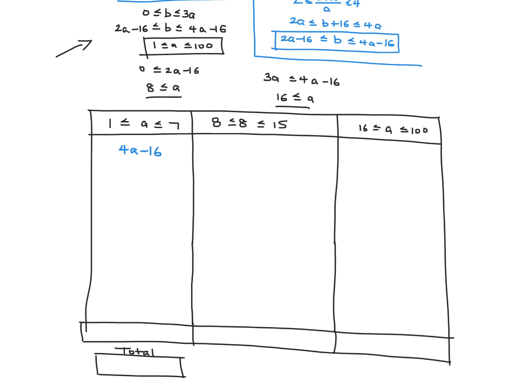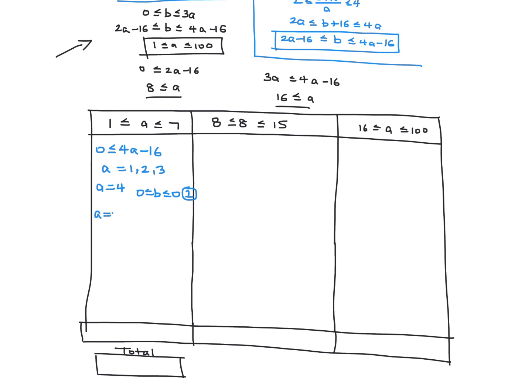And that's not going to be possible if A is 1, 2, or 3, because then it would be a negative number. What about if A is 4? Then you would get 0 less than B less than 0, so B is 0. So the number of values of B would be 1.